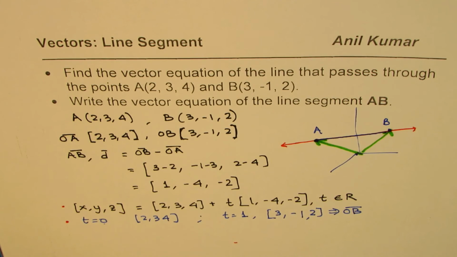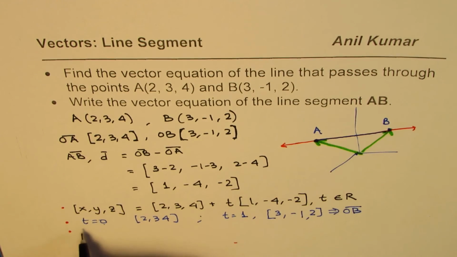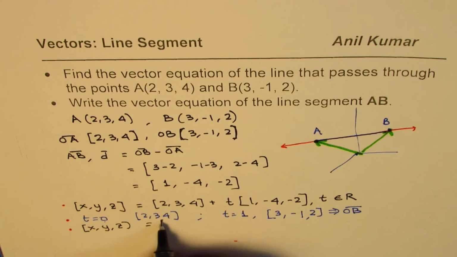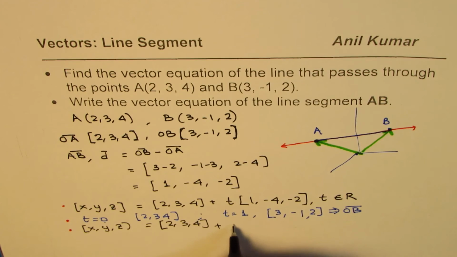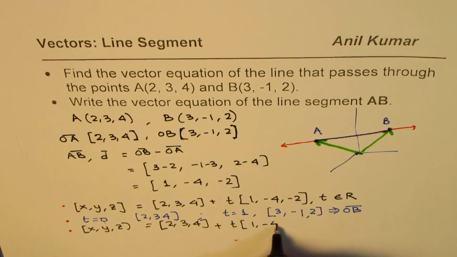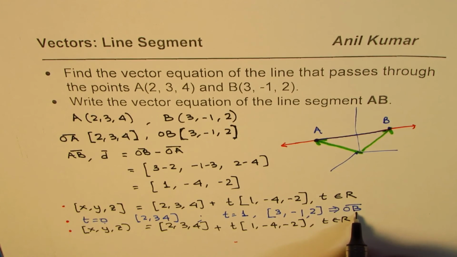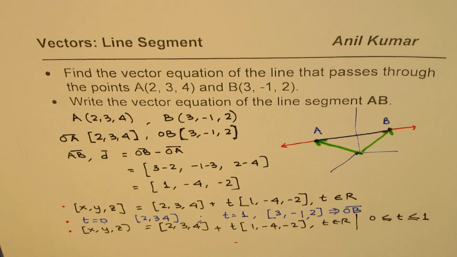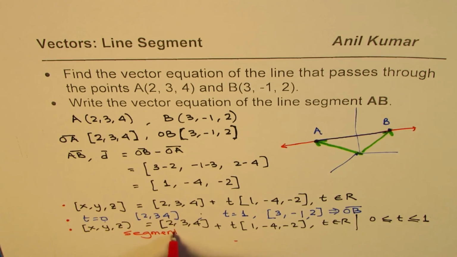So we can conclude that the equation of the segment AB is the set of points (x, y, z) equal to (2, 3, 4) plus t times (1, -4, -2), where t belongs to real numbers, but t is restricted to within 0 and 1, and that gives you the equation of segment AB.